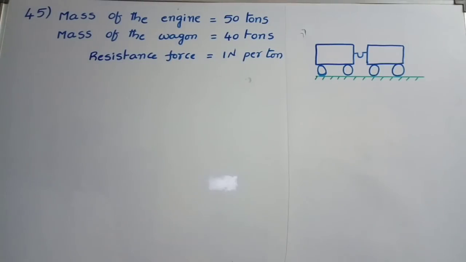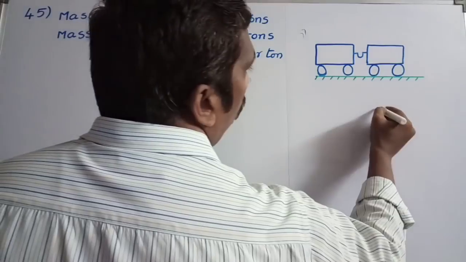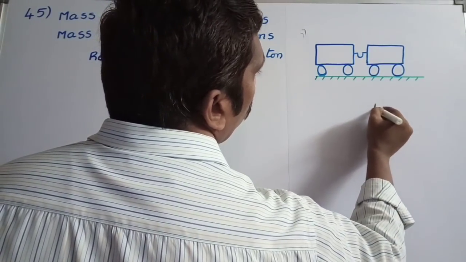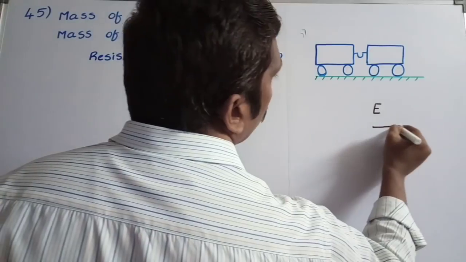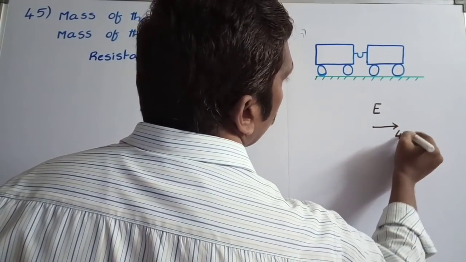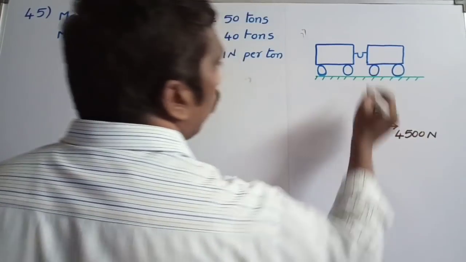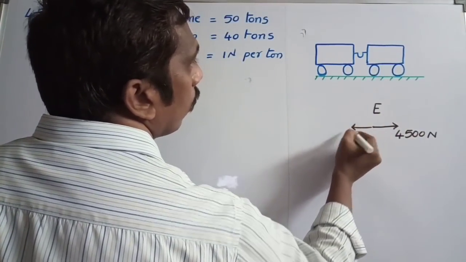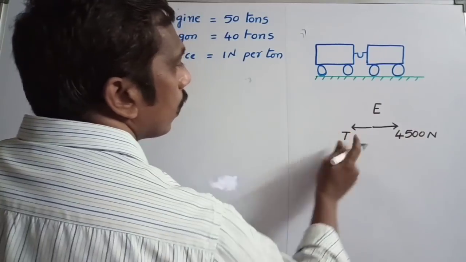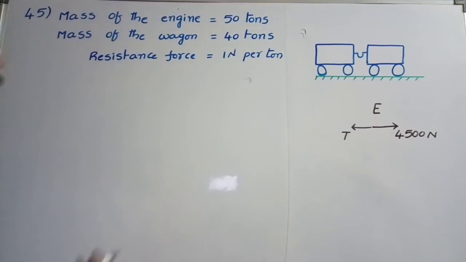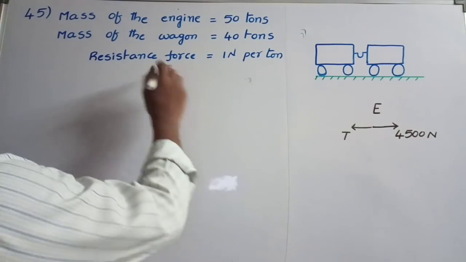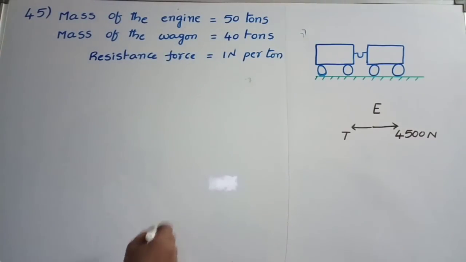So force acting on the engine, first you draw. On the engine, force 4500 Newton is acting towards right, and tension in the coupling is acting towards left. And in addition to this tension, here resistance force is acting 1 Newton per ton. So mass of the engine is 50 tons.